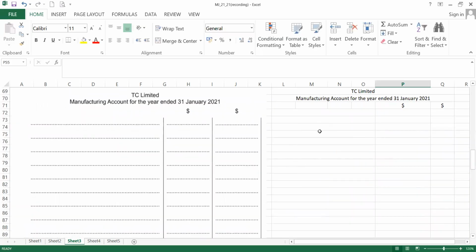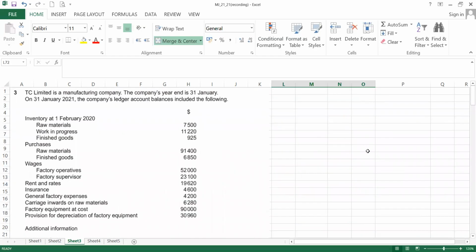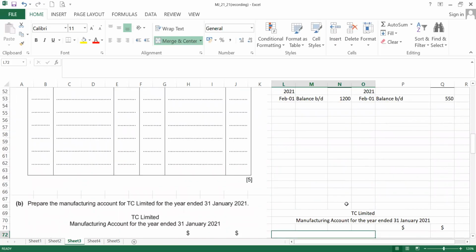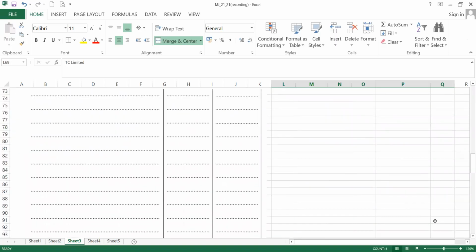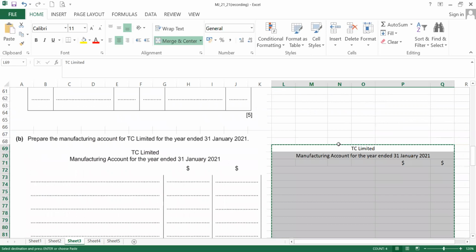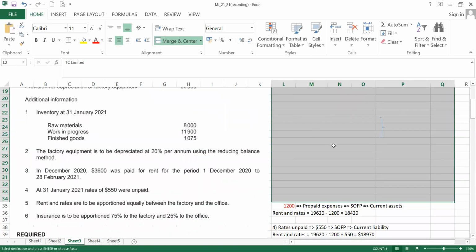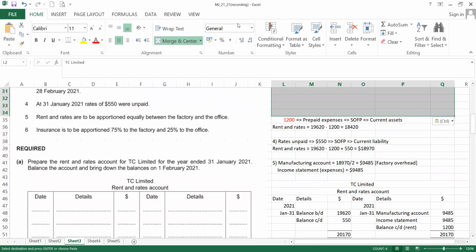Now next, the manufacturing account. So for the manufacturing account, what do we have? Let's move up to the top first. Oh, cannot.